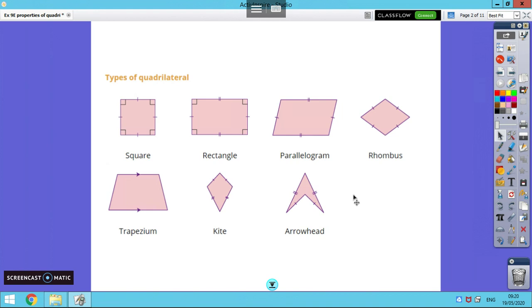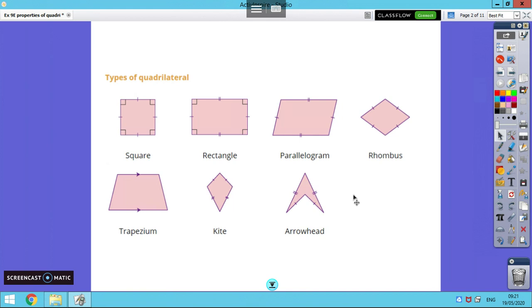But you'll see the little dashes. Now, some of them have 1 dash and some of them have 2 dashes on a line. Now, for a square, all the sides are the same length. Therefore, that's why each of the sides only has 1 dash on it. However, if we look at the rectangle, the left-hand side and the right-hand side have 1 dash, and then the top side and the bottom side have 2 dashes.